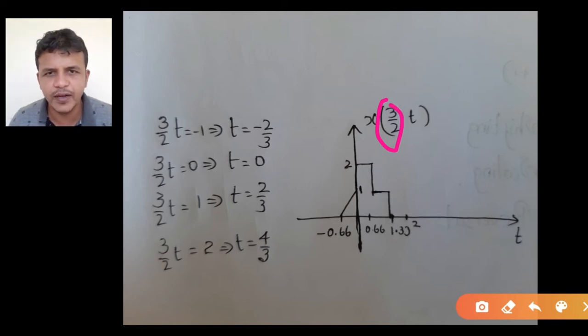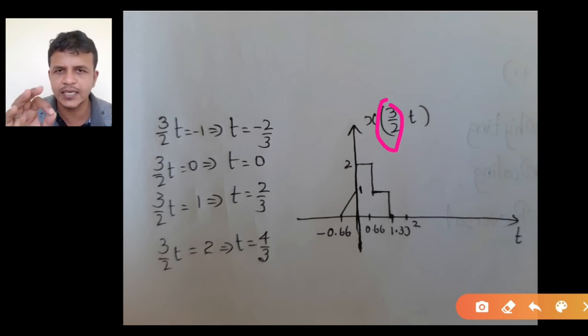To identify the exact position after the time scaling operation, we have to divide by the value by which t is weighted. Here we have 3 by 2 into t. To identify the position of the signal that happened between minus 1 and 0.